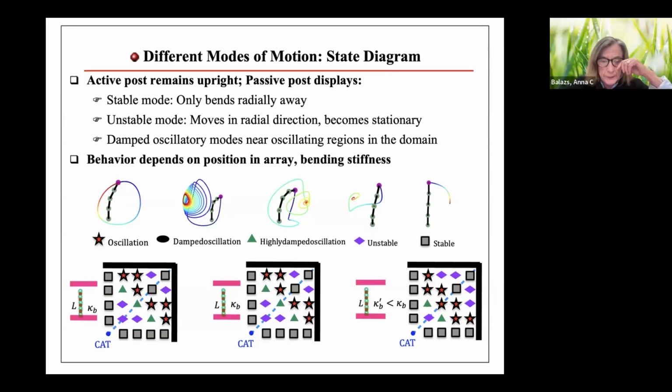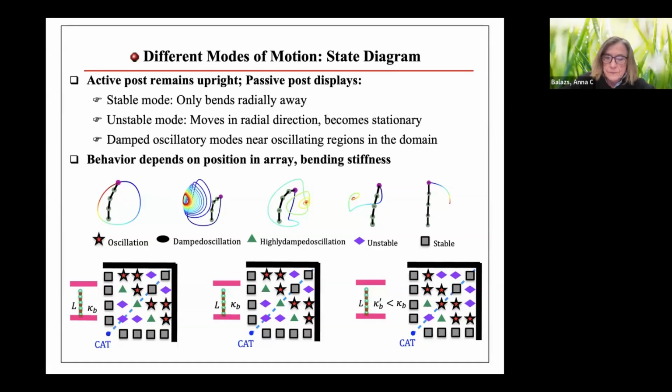I know this map is a little hard to read, but the star indicates what position you would get oscillatory motion. If I put them there, they'll oscillate. If I have a stable one there, then it'll form a stable morphology, stable kind of rotation. It depends on the length of the cilia, and it depends on the mechanical compliance of the cilia.